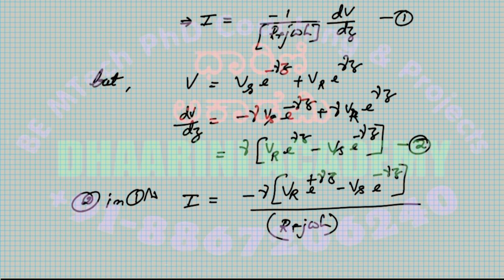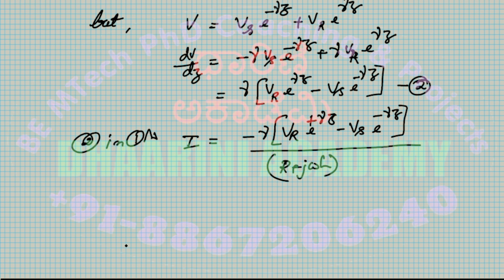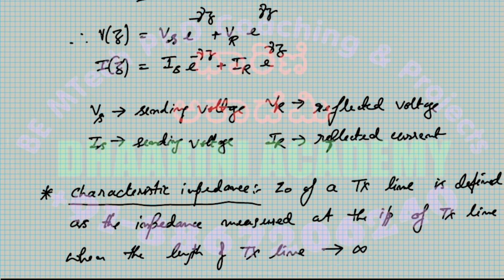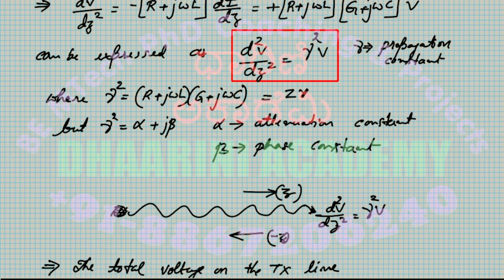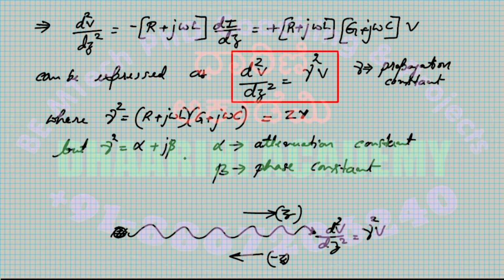Okay, but I think we have an equation for gamma, if you remember, right? What is the equation for gamma? I don't want to bring alpha and beta here because that's of no use for me. Can you write it in terms of R and L somehow? So gamma square is equal to (R plus j omega L)(G plus j omega C).